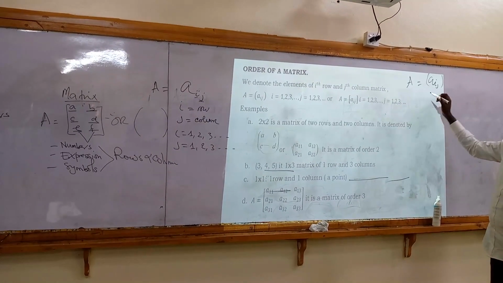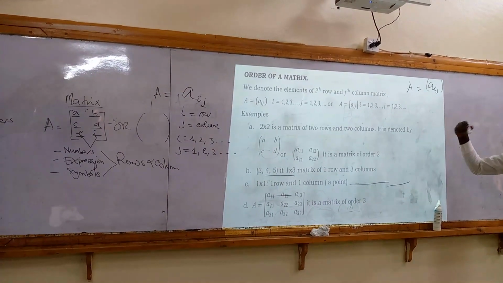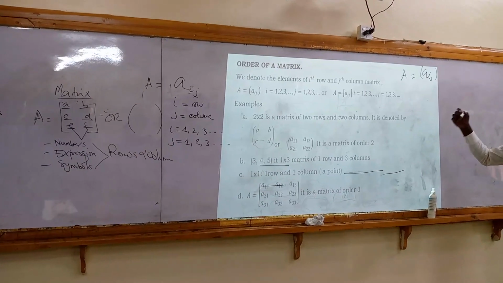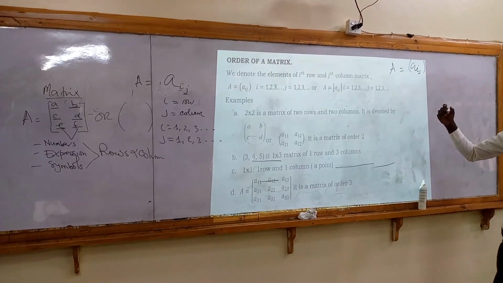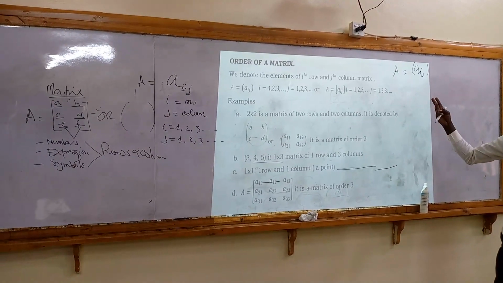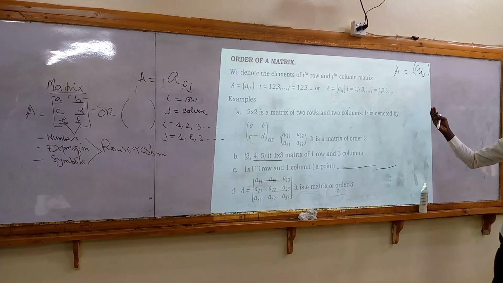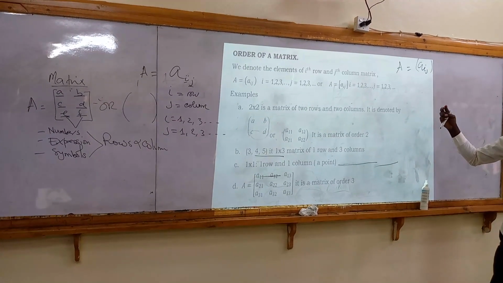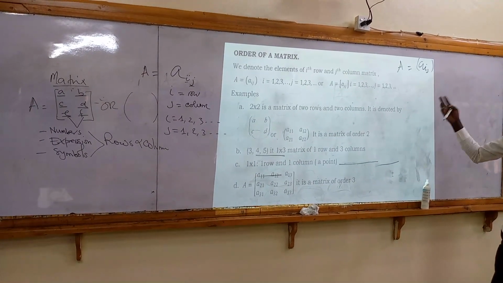You can either write a matrix of order 2, which means a matrix with 2 rows and 2 columns. A matrix of order 3 means a matrix of 3 rows and 3 columns.